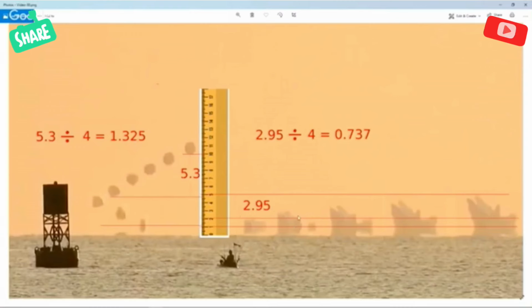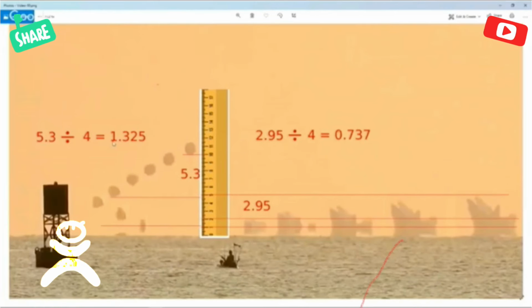And then the splash going up is 2.95 divided by 4 equals 0.737. So that's 0.737 millimeters going up. Right, so it's almost half as slow, but not quite. Yep, as Ranty likes to say, the maths doesn't lie. So, go on.